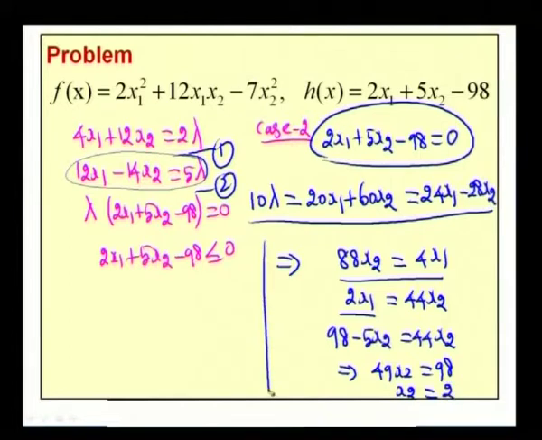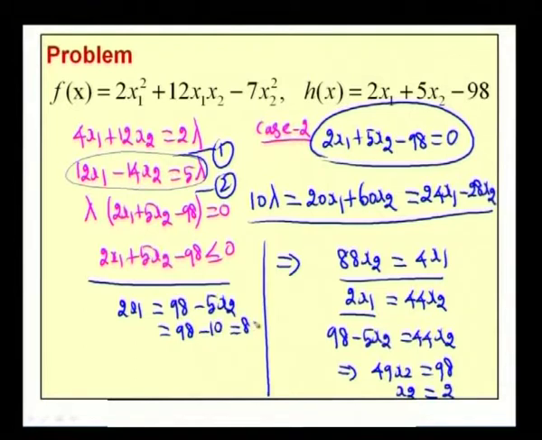Now, by substituting x2, we can get the value of x1. 2x1 equal to 98 minus 5x2, and since x2 is 2, 98 minus 5 into 2, which is 10, gives 88. Therefore, x1 equal to 88 by 2, which is 44.